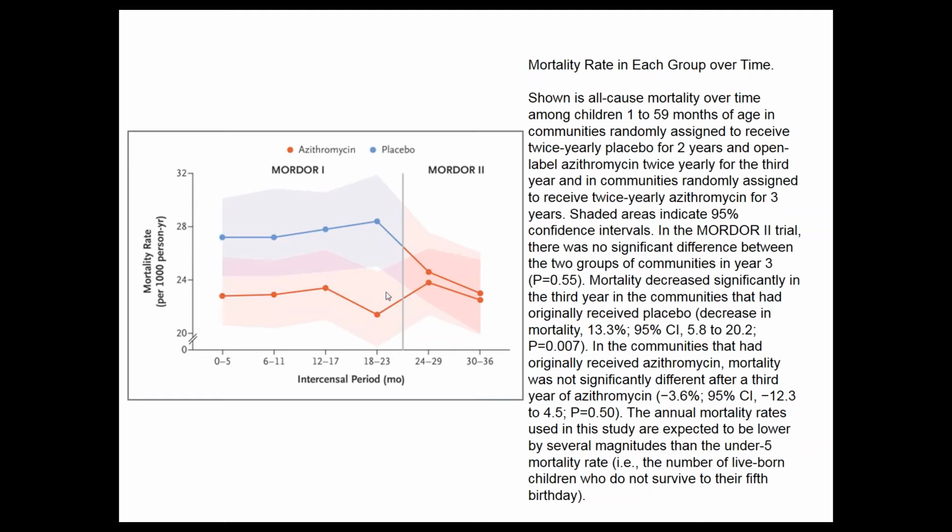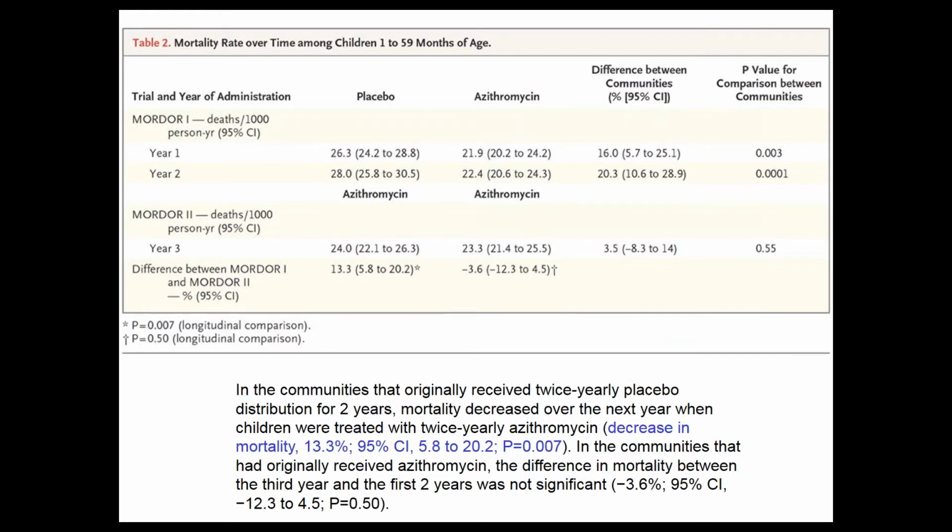Then in the next phase, in Mordor 2, they just gave all the kids azithromycin, and what happens is that the trend in the placebo group then parallels the group that got azithromycin. So the results of this study would perhaps support the idea that azithromycin would have some additional survival effect in these African children, although the first study didn't seem to indicate that.